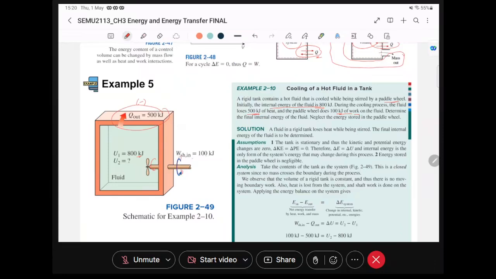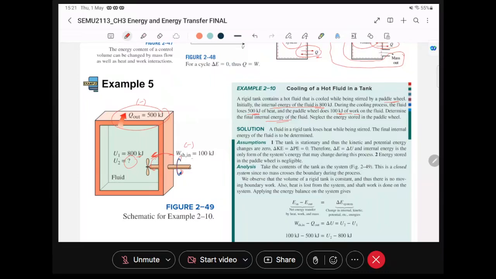So there's work going into the system. Work going into the system is negative as well. The question wants us to determine the final internal energy in the working fluid, which is how much is this?